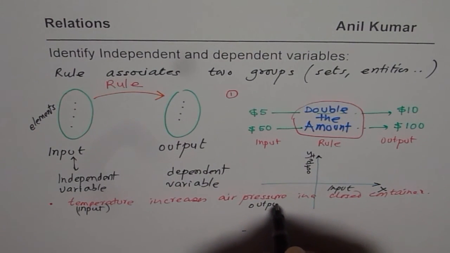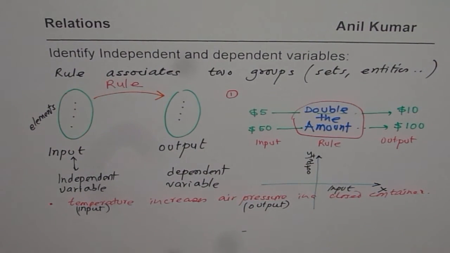Do you understand? Output. So that is how in a relation you can always figure out which one is the independent variable. You can set different temperatures and then what you measure is the pressure. That is the output. So that is how you can, from an example, find how independent and dependent variables are related.